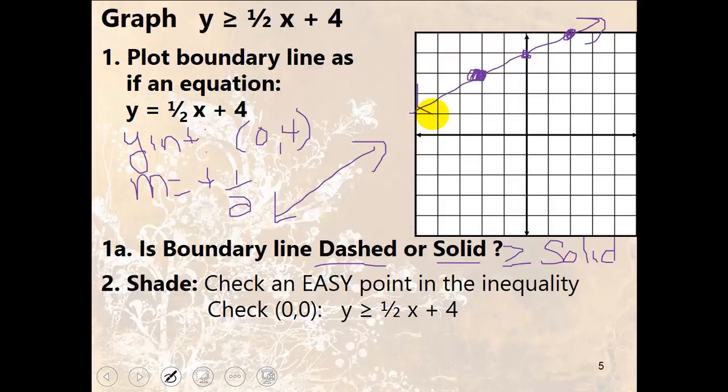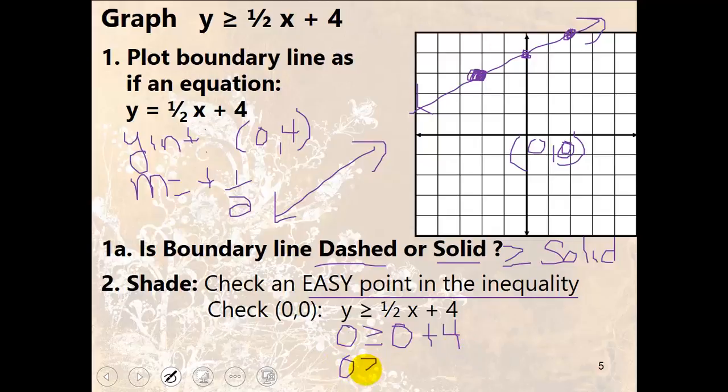Now I'm going to test a point that is not on the graph. I'm going to test 0, 0. You can test any point you want. I'm going to plug in a 0 for y. Is 0 greater than or equal to 0 plus 4?